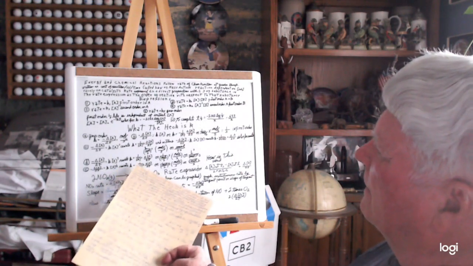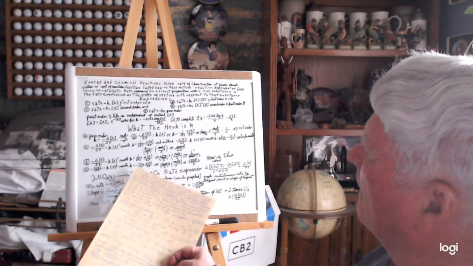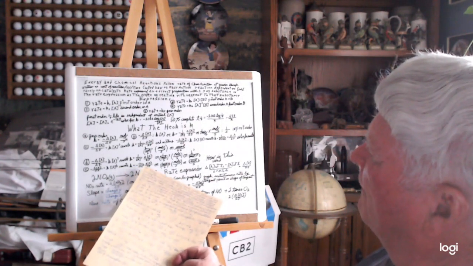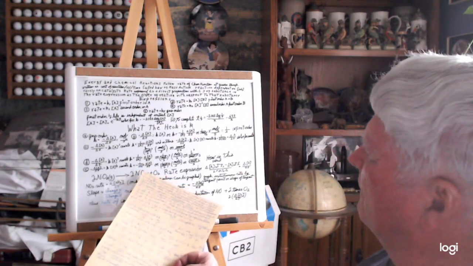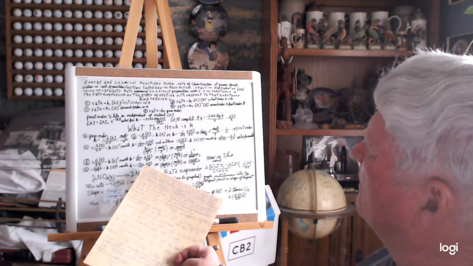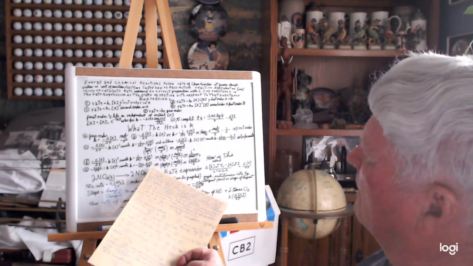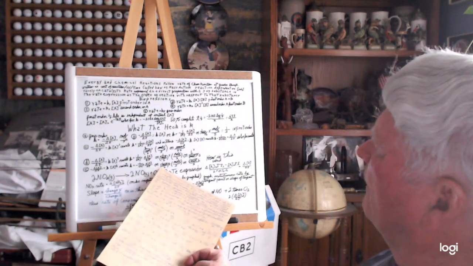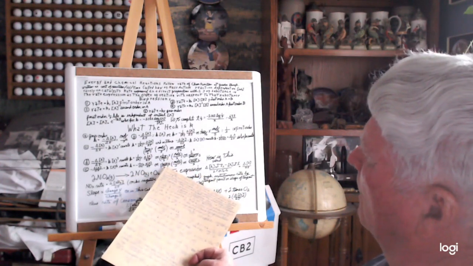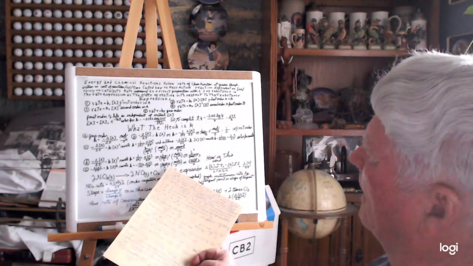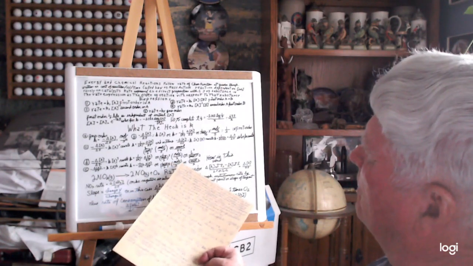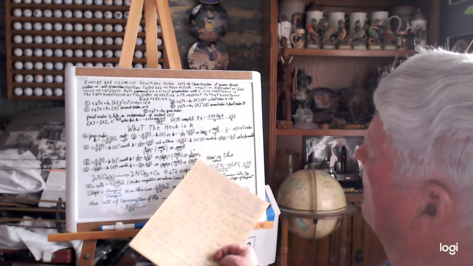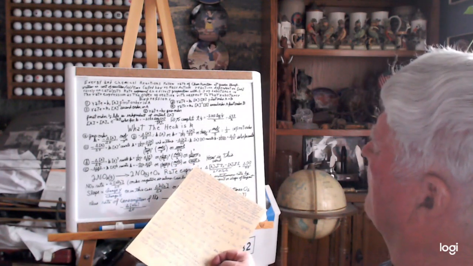Rewritten, K is equal, this is the half-life thing, K is equal to minus 1 over the concentration A to the half power, or the square root for those of you that still remember your mathematics, times the change in concentration A over the change in time. Or if you wrote it out, it's 1 over moles per liter to the half power times moles per liter over seconds, or the square root of moles per liter per second.